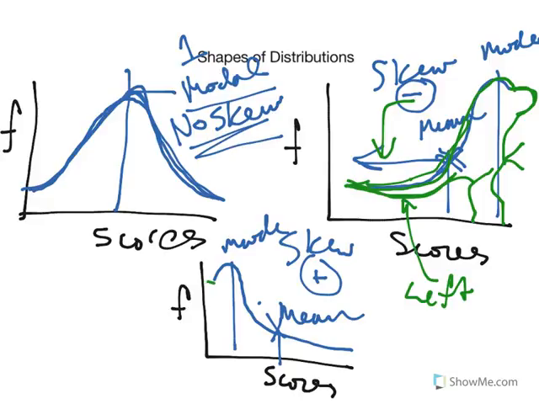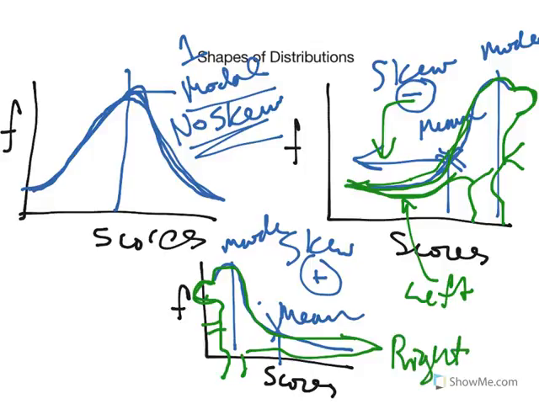Now for this dinosaur over here, right, roar, you can see that his tail is moving to the right, so this would be an example of right skew or positive skew.